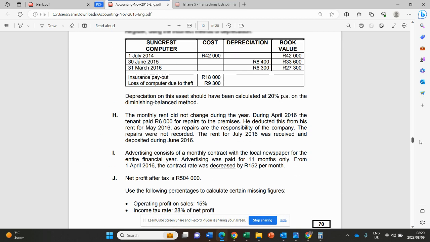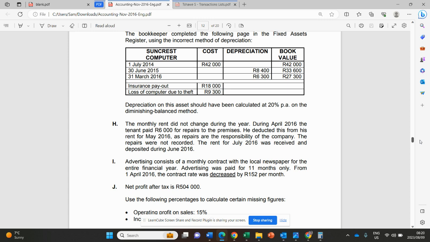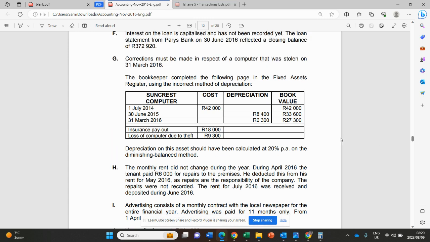Then if you go down to the adjustment affecting that depreciation, they say correction must be made in respect of the computer that was stolen. So we need to do a reconciliation, we need to do the corrections, we need to rectify on the computer that was stolen.